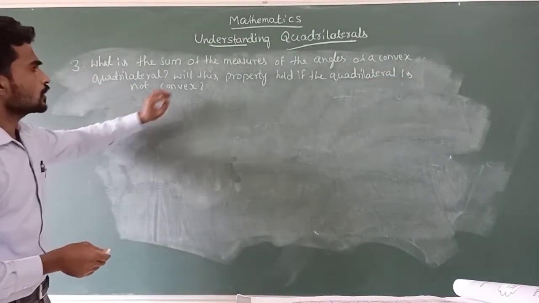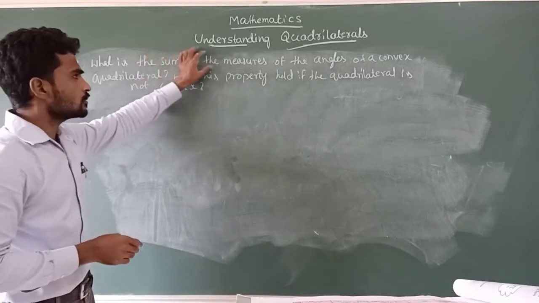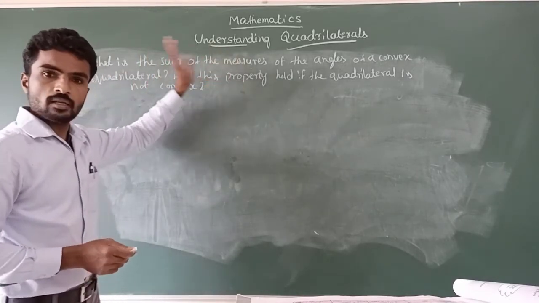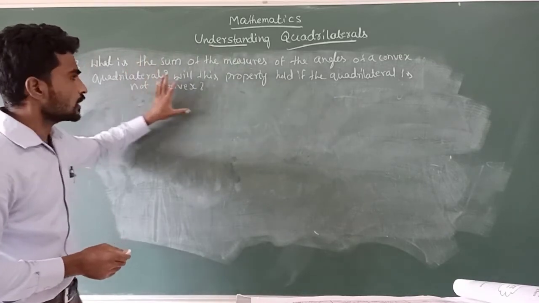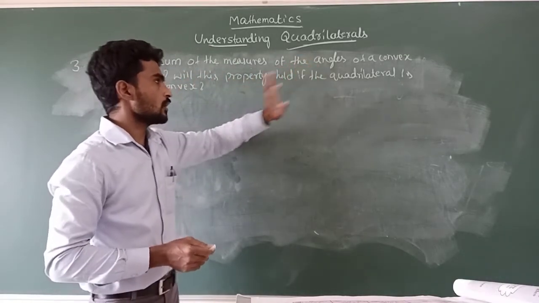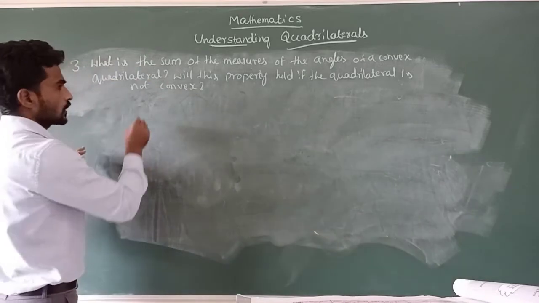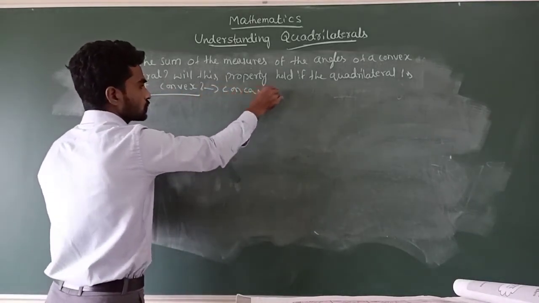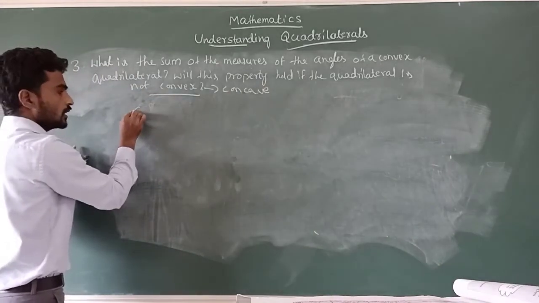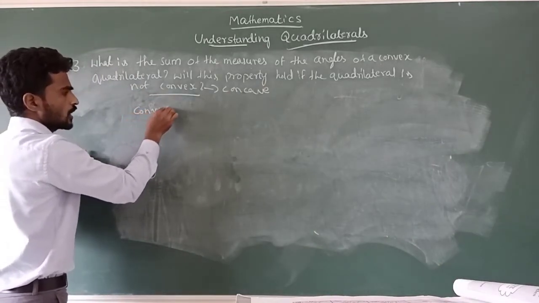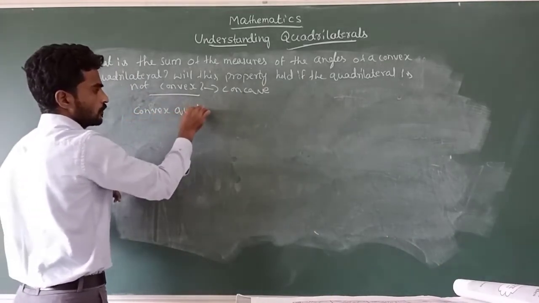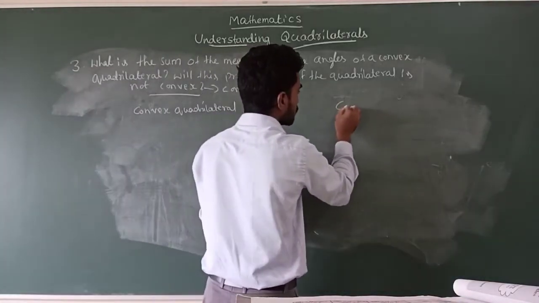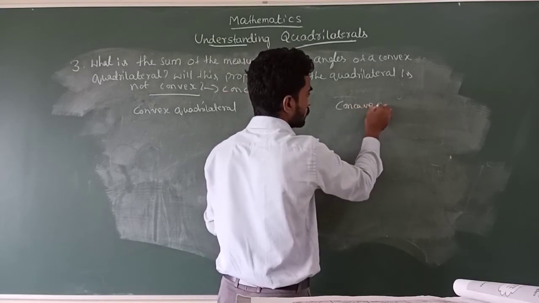Here, one is a convex quadrilateral and another one is a concave quadrilateral. Not convex means concave. I will take one convex quadrilateral and another concave quadrilateral.